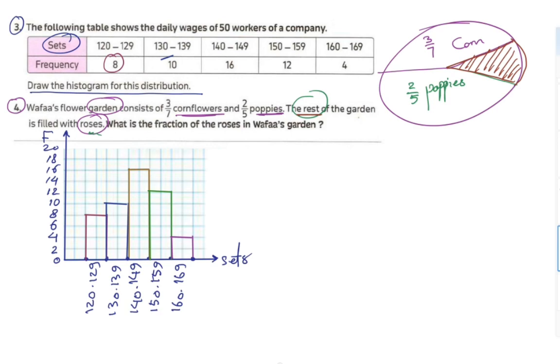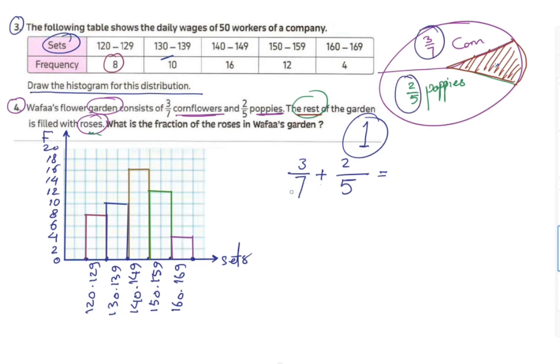We know that the garden is just one whole. If I subtract these two fractions from the garden, I will find the third one. I can start by adding the cornflowers with the poppies together and subtract the result from 1 to find the fraction of roses.